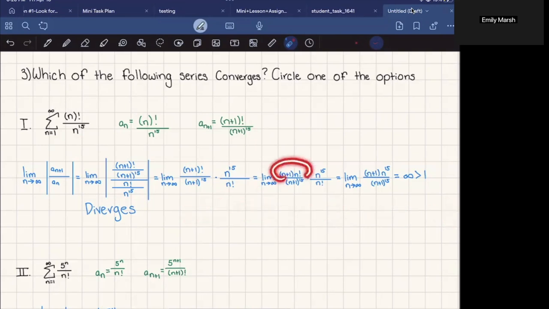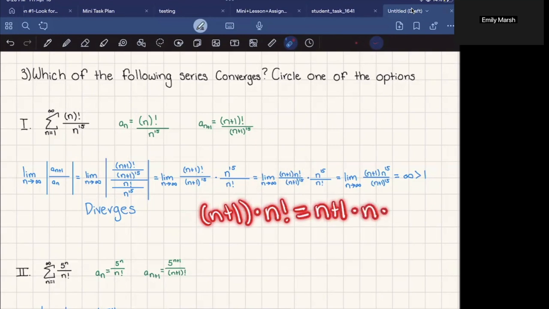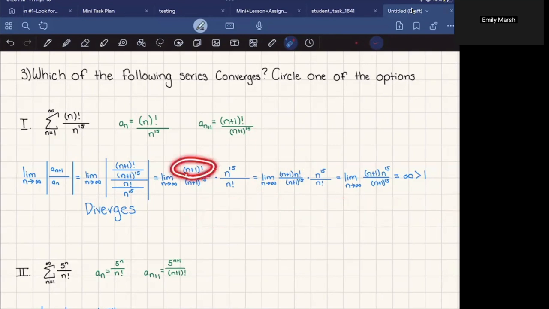N plus 1 times n factorial is saying n plus 1 times n times n minus 1 dot dot dot till we get to 1. So that is the same thing, just written differently.